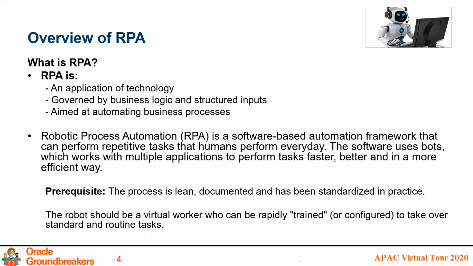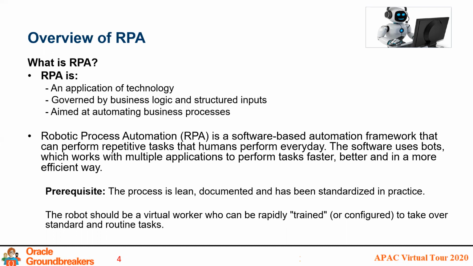How do you define RPA? Robotic process automation, RPA for short, is the utilization of robotic software to perform repetitive digital tasks that humans perform in day-to-day operations. It can perform repetitive and structured transaction processes.